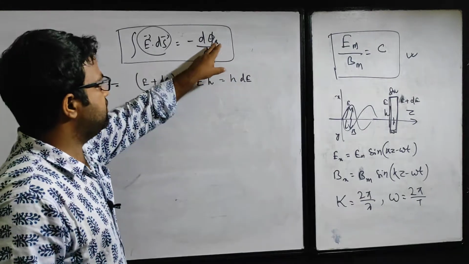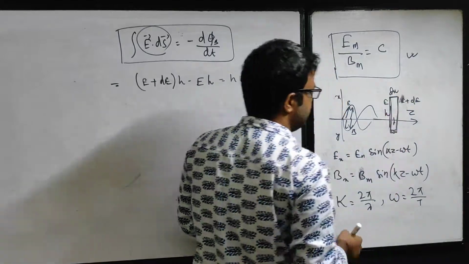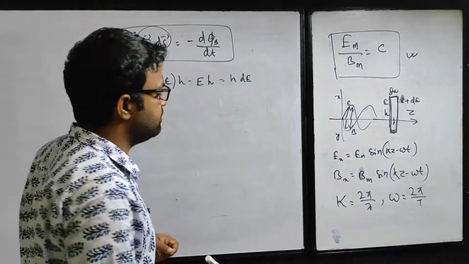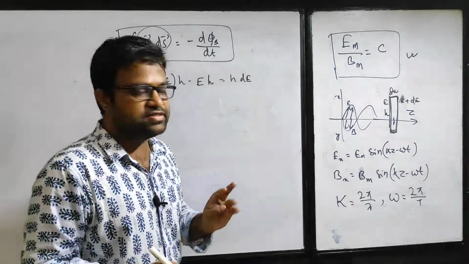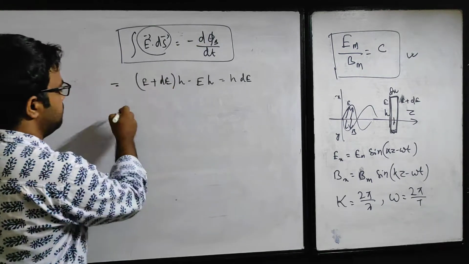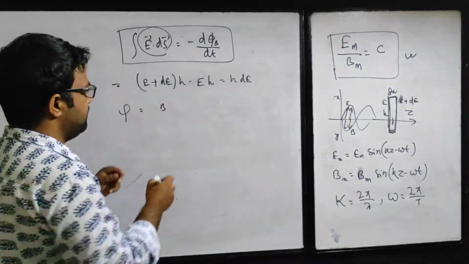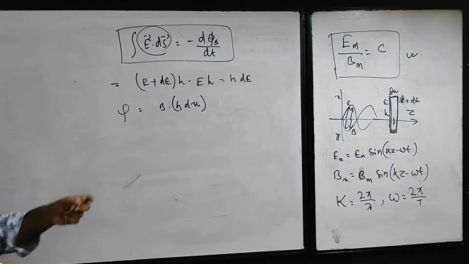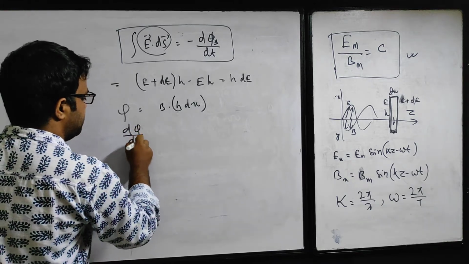Now what will be the flux? The area of this rectangle is H dx, where dx is the width of the rectangle. Flux is BA, the magnetic field times the area, so the flux is B H dx. So what will be d phi by dt?